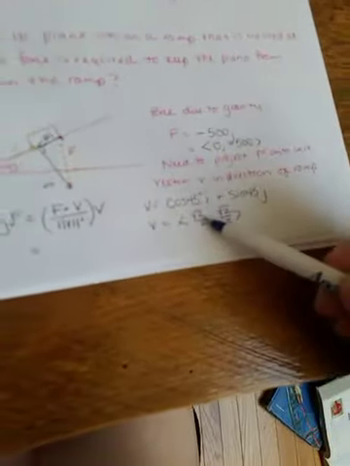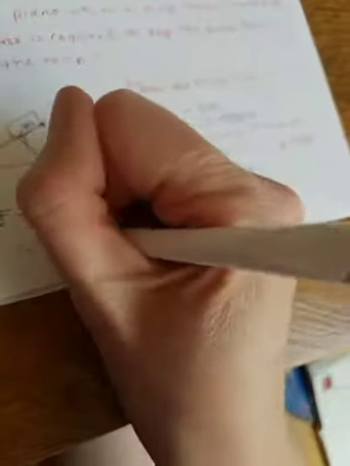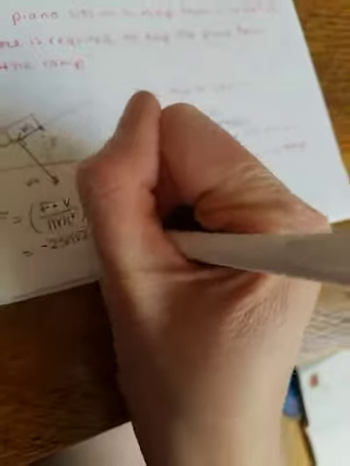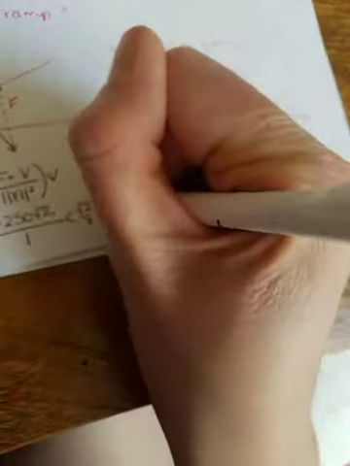So F dot V, that's going to be 0 times root 2 over 2, which is just 0. And then when I do negative 500 times root 2 over 2, that's going to be negative 250 root 2, divided by 1. Again, this is a unit vector, so the magnitude's 1, but if you need to do it out, you can do it out. And then we multiply by V. So root 2 over 2, root 2 over 2.